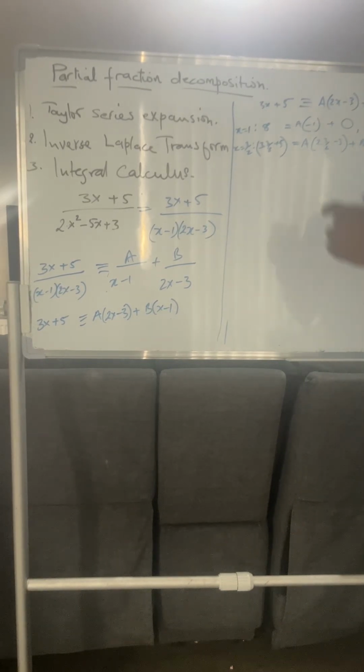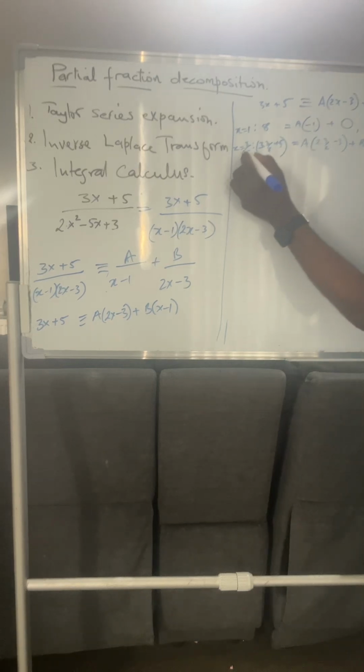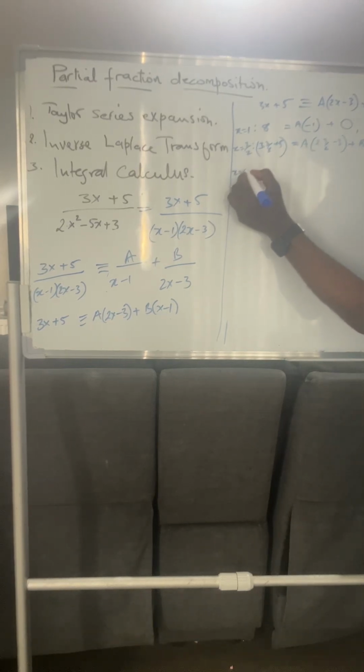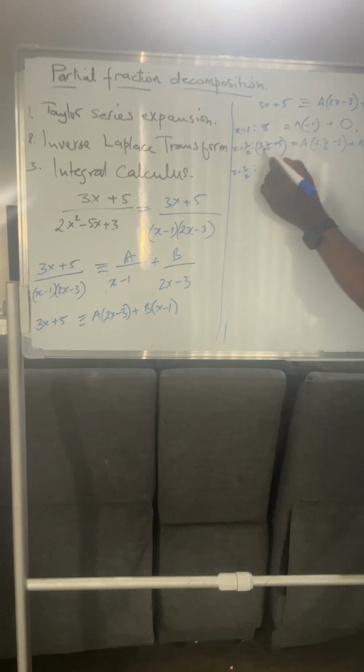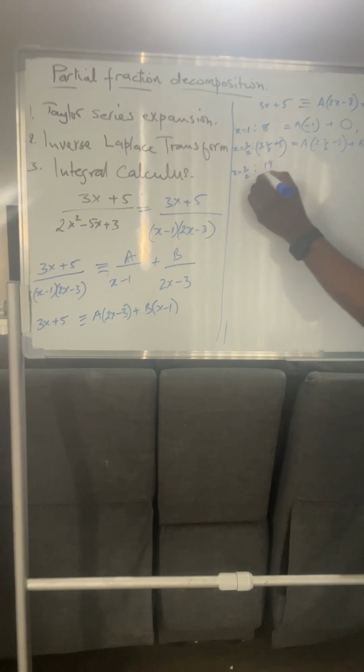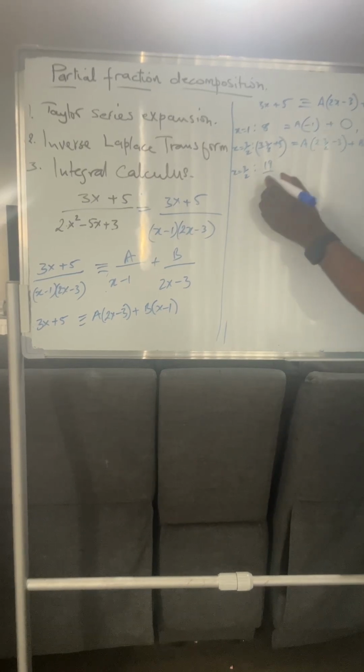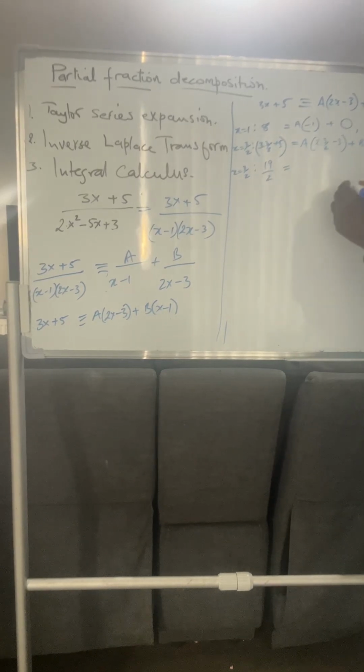Right? So we simplify. When x is equal to 3 all over 2, so 3 all over 2 times 3, this is again 9 all over 2. So 9 all over 2 plus 5, so this will give you 10, so you get 19 all over 2 here. 19 all over 2. So this is equal to, this 2 will cancel, so you have 3 minus 3 is 0.